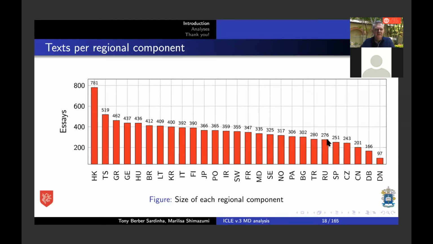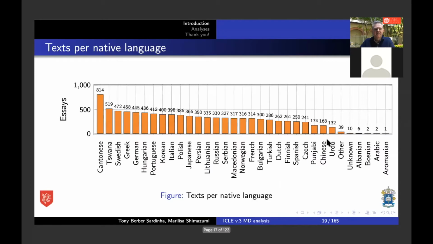By the way, all these codes are in your handout, so if you want to know what these mean, please have a look. Also, per native language: Cantonese, number one, then Swana, number two, then Swedish, then it flattens out. So basically the same numbers, except then you have those minority ones, as you can see over on this side.